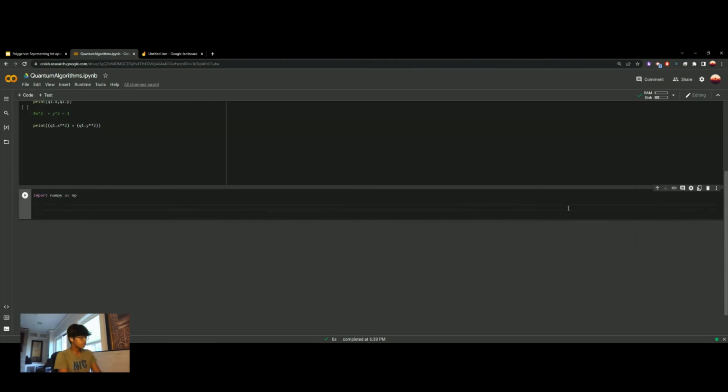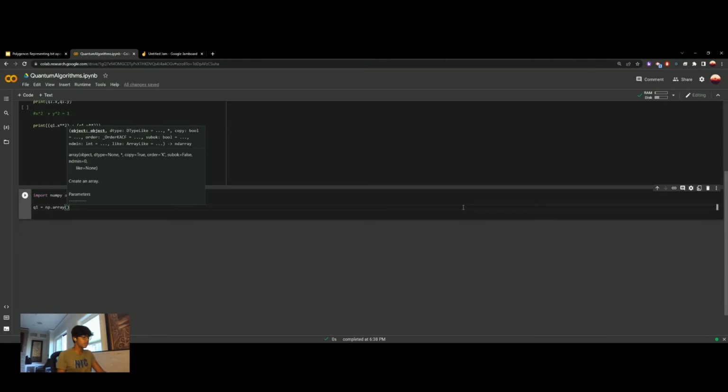So first, we can just have one qubit, Q1, and we're going to set that equal to a certain array. So we're going to use np.array. Now this is not going to be a two-dimensional array. This is just going to be a single array, a 1D array of our complex numbers.